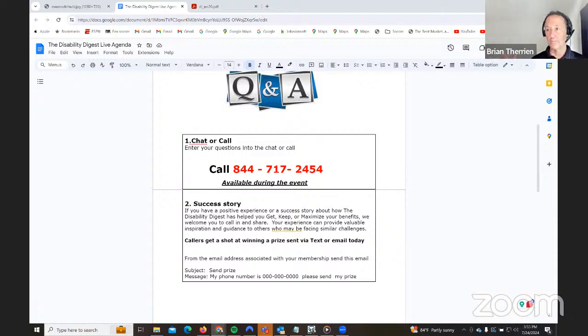This Part C plan typically has additional benefits that could help you out. Just one simple thing might be the fitness benefit. You can use it to go to local fitness facilities or get water therapy. Some of them have shopping cards that you can use for food and other things. Those are some considerations for you as we get closer into the fall with the Medicare open enrollment season.